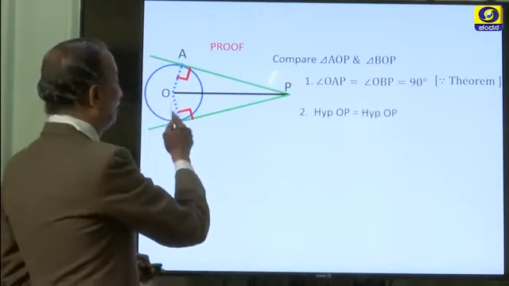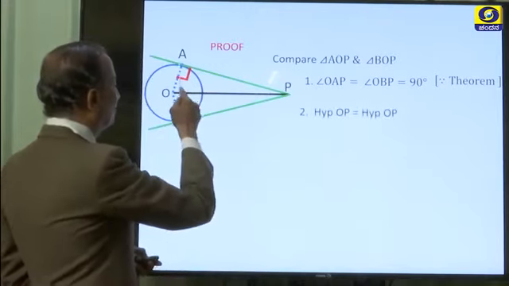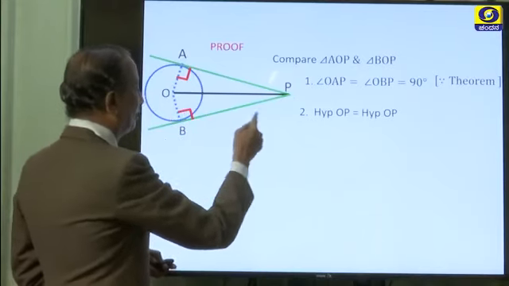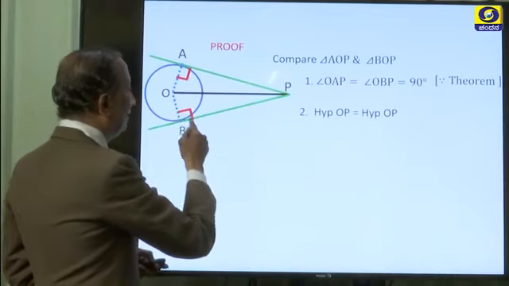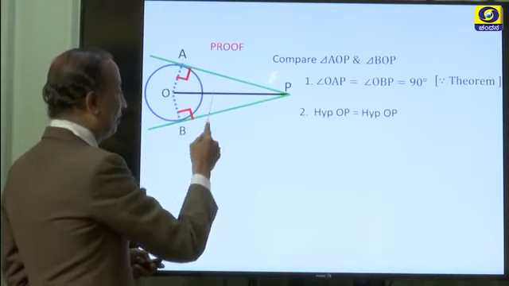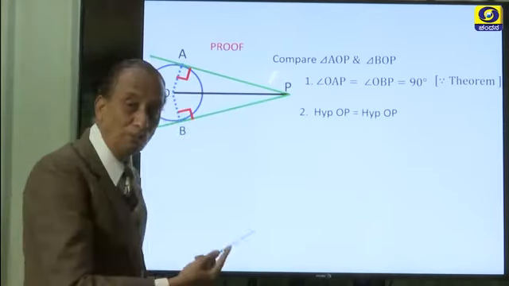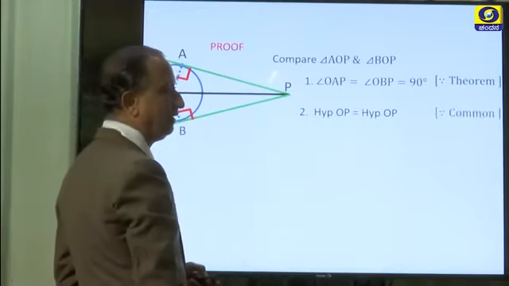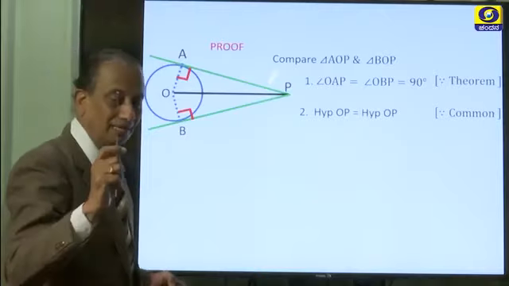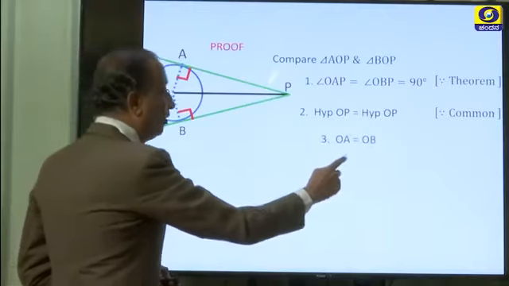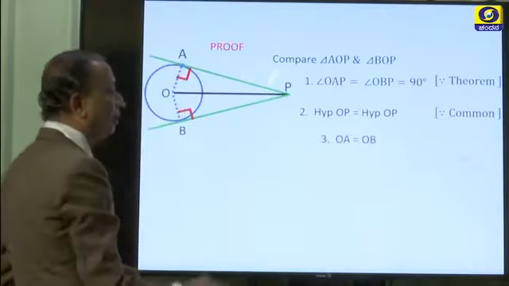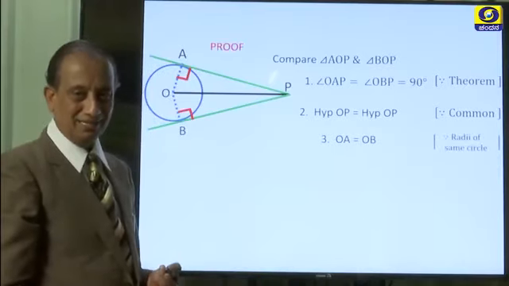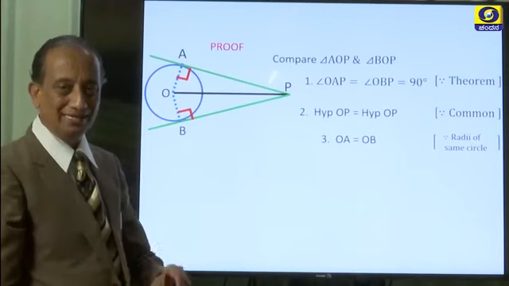Point number 2, once these two become right angle triangles, when this is 90, this is the hypotenuse. So hypotenuse OP is common to both the right angle triangles. And finally the last point, OA and OB are equal. You know they are the radii of the same circle and they will always be equal.